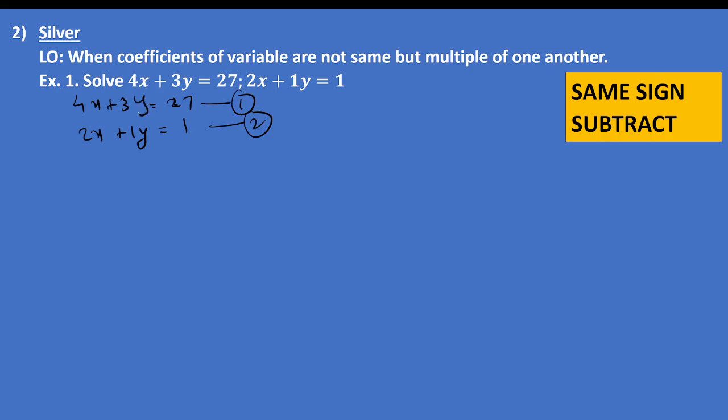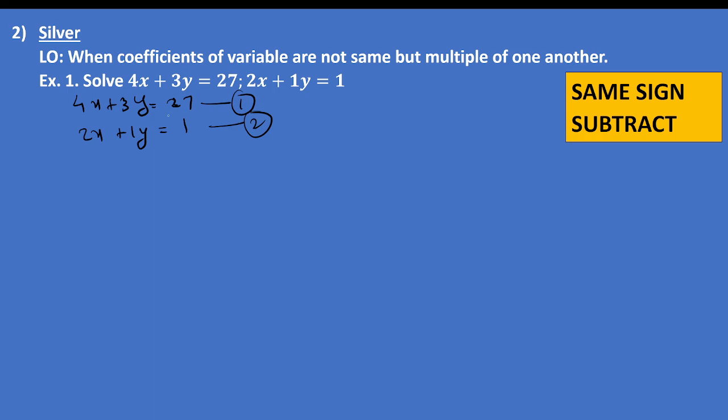Now my 3y is a multiple of this 1y. To cancel out this y term completely, we are going to multiply equation number 2 by 3, so that we get 3y here. At the same time, I am supposed to multiply the 2x by 3 as well, and this 1 by 3 as well.